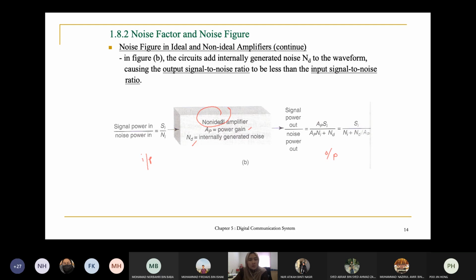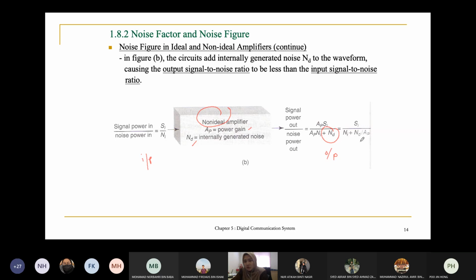Still you need to multiply with AP, so AP Si divided by AP Ni. But since this is a non-ideal amplifier and you have the internal noise, you need to add the ND in the calculation.